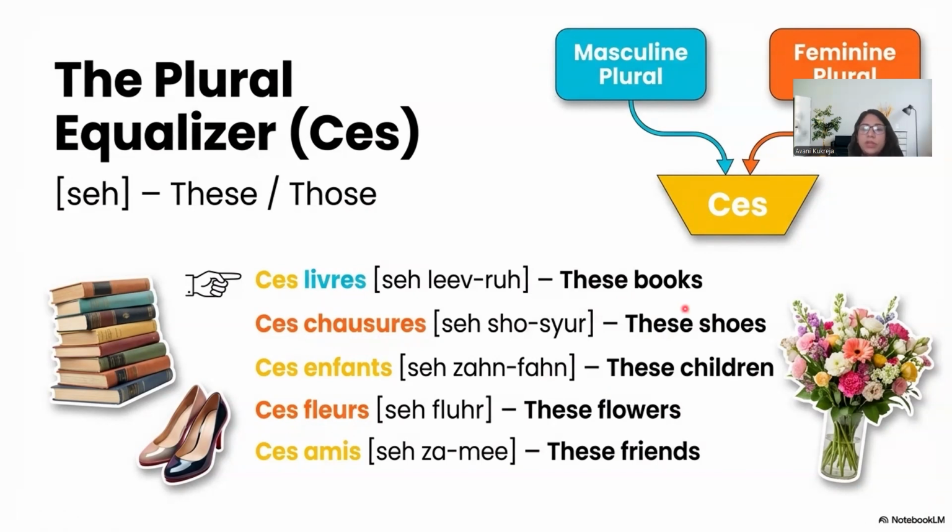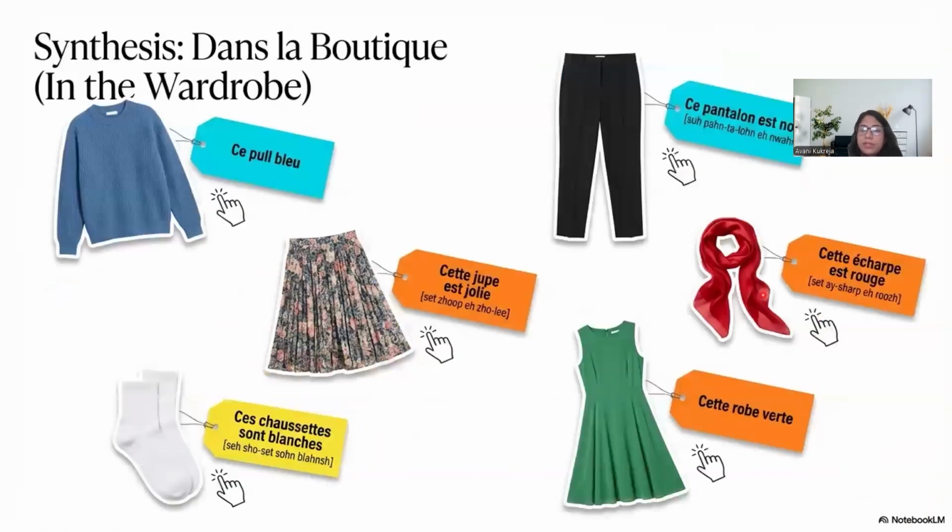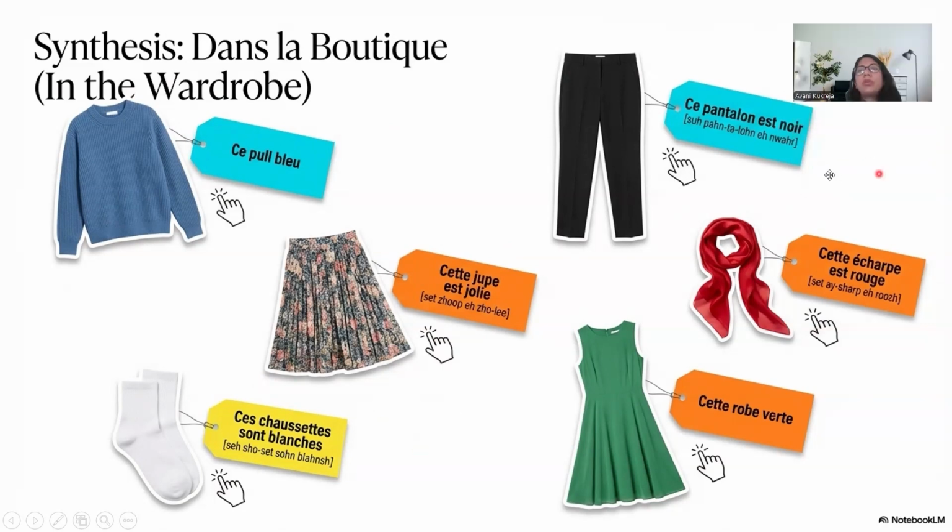All right, let's see a few more examples. Everyone repeat with me. Ce pull bleu. Cette jupe est jolie. Ces chaussettes sont blanches.